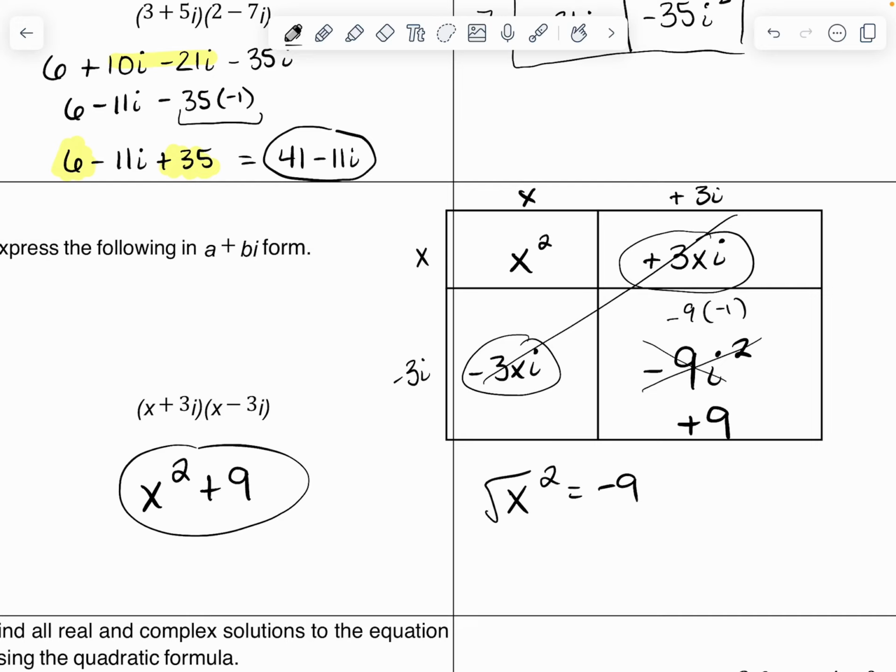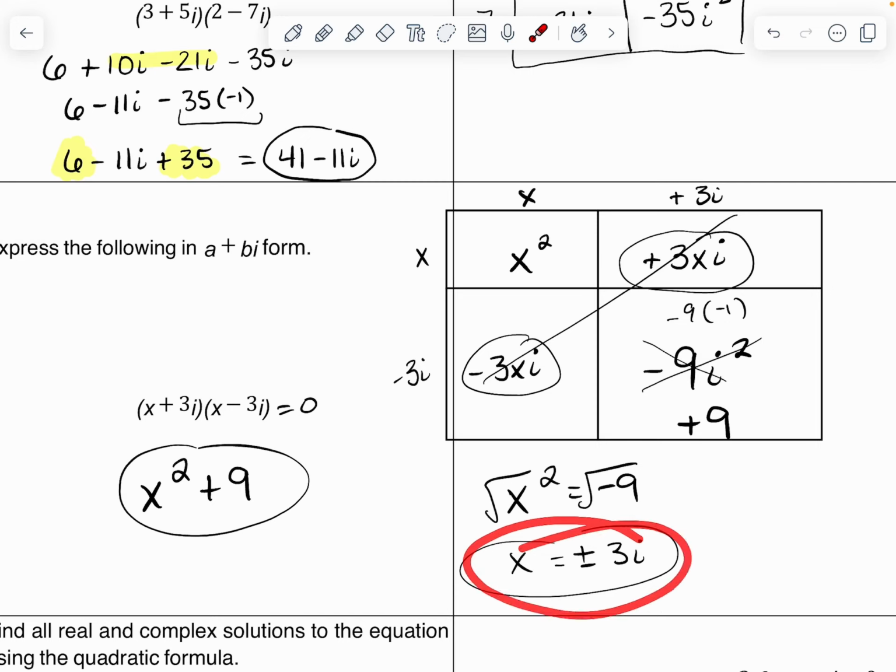And then if you were to take the square root of both sides to solve for x, we would get that our x's are equal to positive and negative 3i. And as you see here, if we were to set this equal to 0, a negative 3i plus 3i is equal to 0, and a positive 3i minus 3i is also equal to 0. So that's why these two are our solutions for this one.